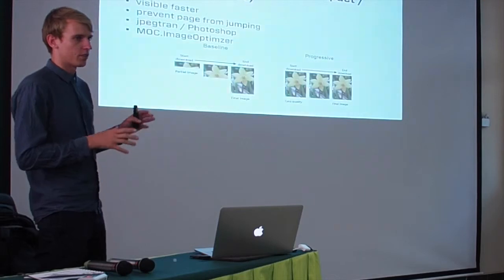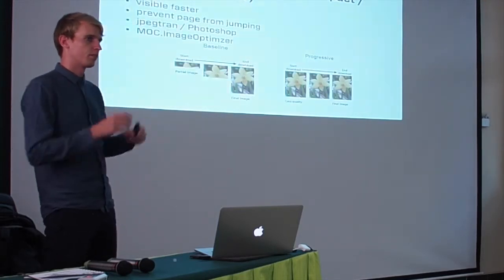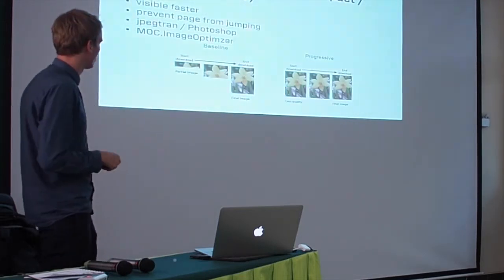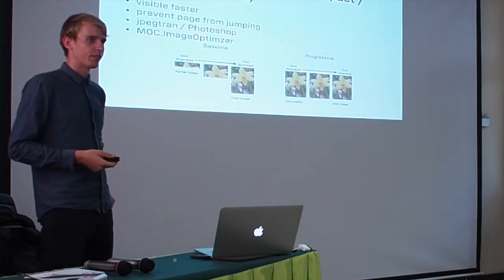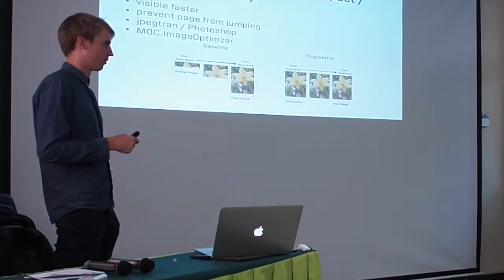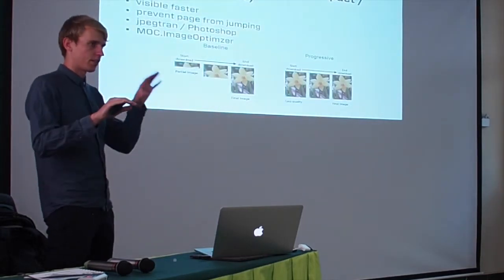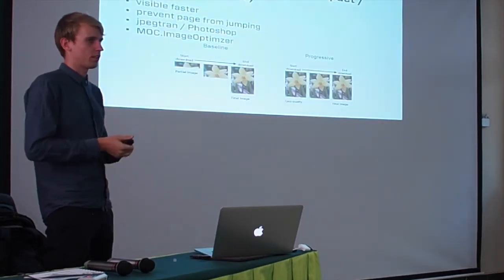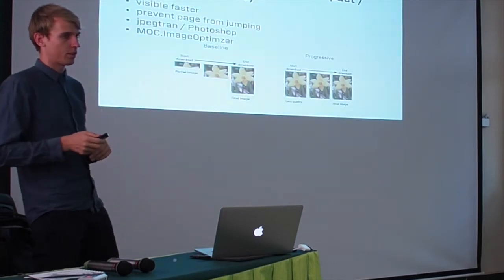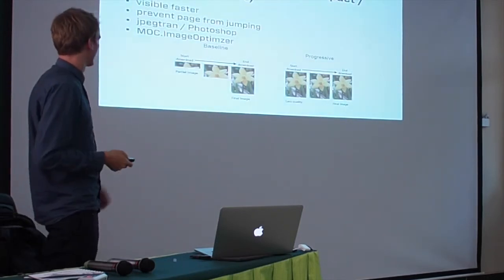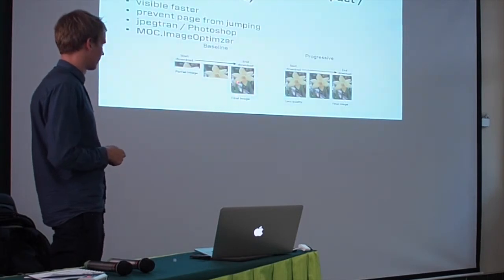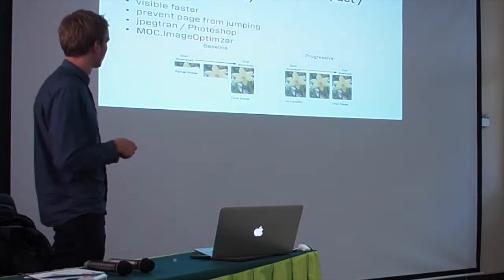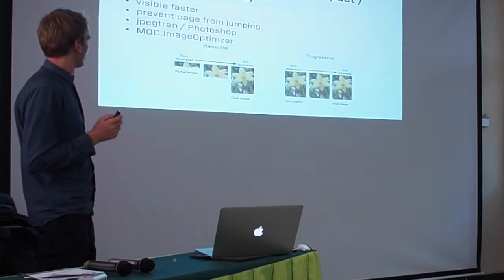It prevents the whole page from jumping when the images are loaded, and it's also visible faster. So you have a header, you have an image, and very quickly make out what the context is, where this might be this, and then something completely different further down.